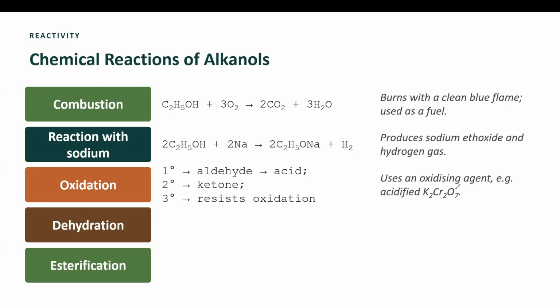That is an orange solution. If you put this orange solution into an alkanol and it turns green, orange to green, then you will know that that alkanol has gotten oxidized.